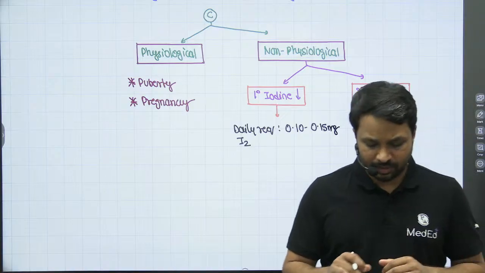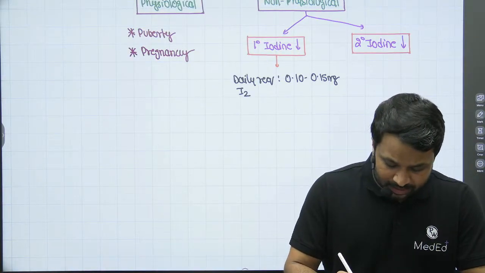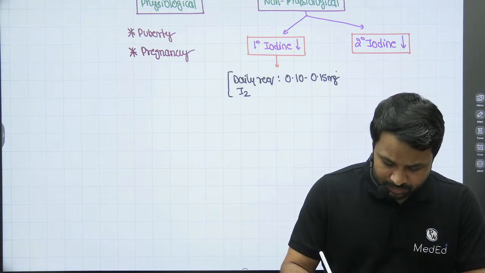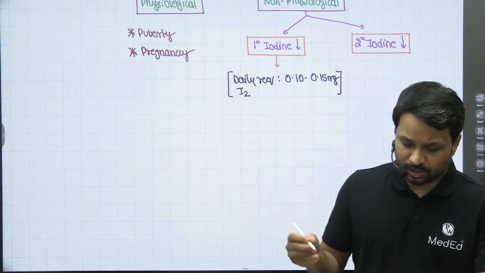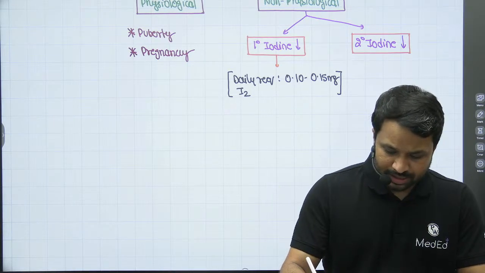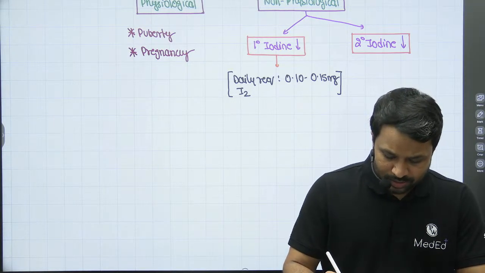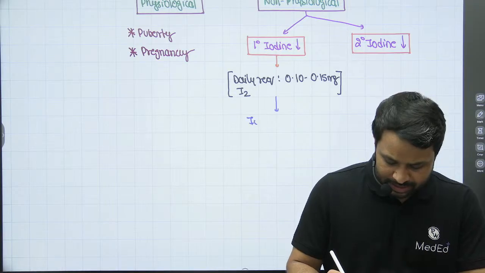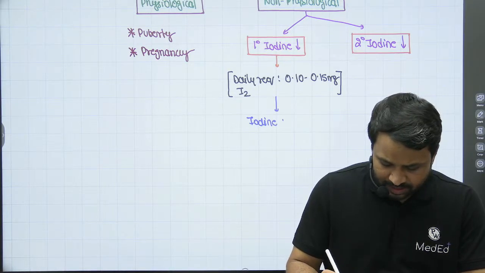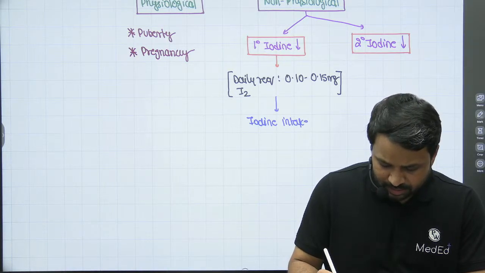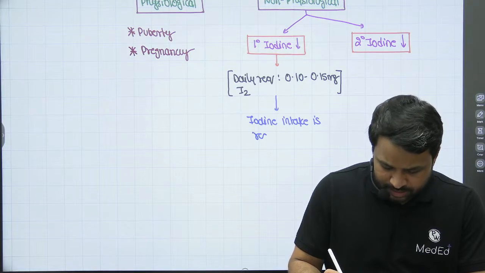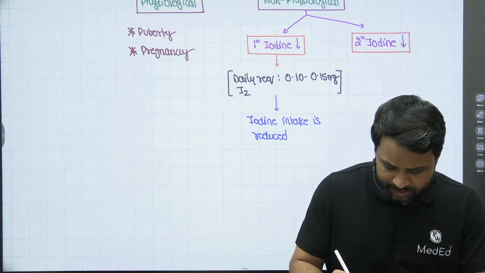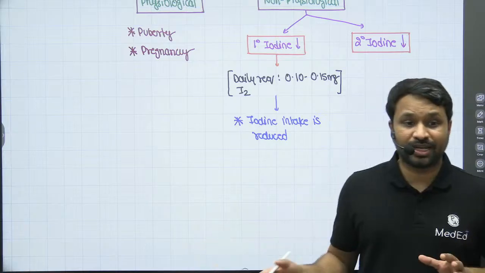If you're not taking this iodine on a regular basis, that means you're not able to meet this daily requirement, this will result in the goitrous state. Whenever the iodine intake is reduced, it will result in primary iodine deficiency, which will translate into the development of the goiter.